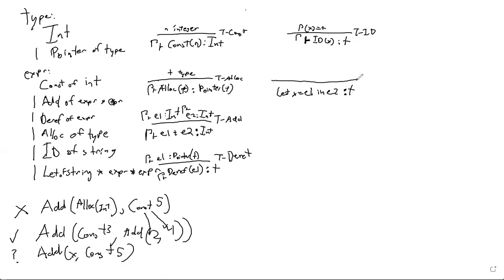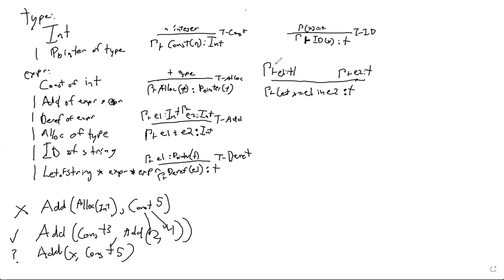So for now, this is actually wrong, but let's say we want to conclude that in the current environment, E2 is of type T. And when we say X is equal to E1, what matters for type checking here is that E1's type is being attributed to X. So let's say that in this environment, E1 is of type T1.